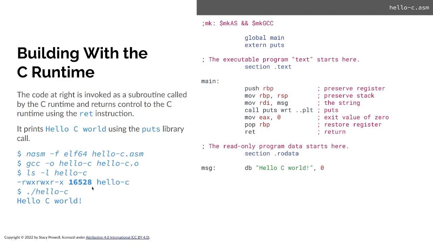It's because we've wrapped this with the C runtime and other data structures that become part of it, and when we run it we get hello C world. The build process is slightly different. We do the same thing with NASM, but instead of just directly linking it, we call GCC. GCC will actually call the linker for us, but it'll add a bunch of options to link other files in that make up the C runtime.